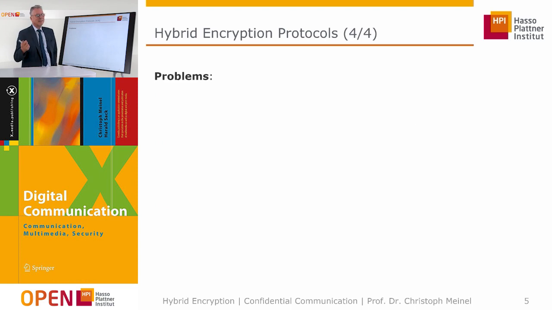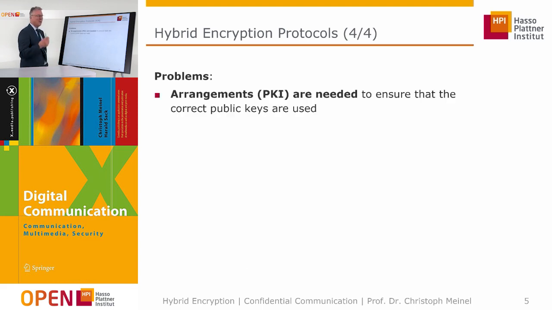And of course there are problems too. A problem we have to discuss in more detail is that we need arrangements to ensure that Alice is using the correct public key of Bob. These arrangements are called public key infrastructure. We will later on discuss this topic in more detail.